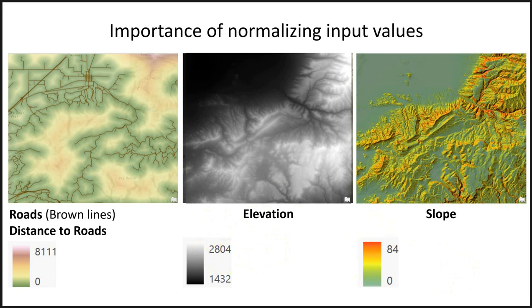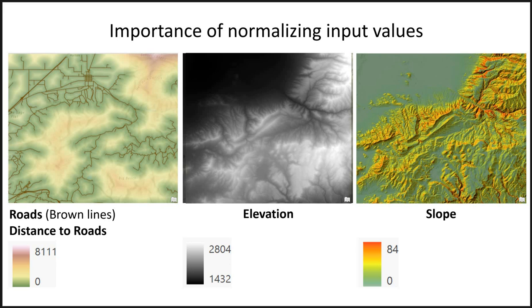but the model is only going to consider the values when adding them together. So we aren't going to add these raw input values together. The perceived difference between 0 and 90 degrees of slope is extreme. It's from flat to vertical, and yet the range is only quote-unquote 90. 90 relative to the value ranges for elevation or road distance is completely insignificant.